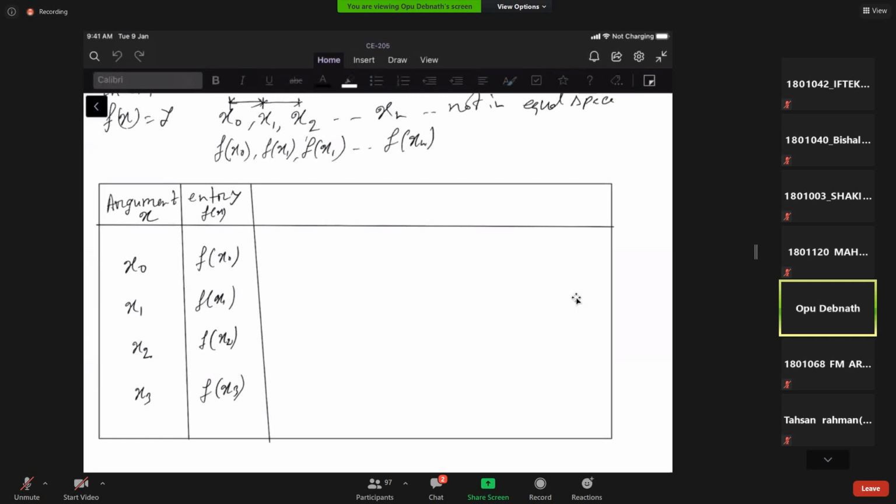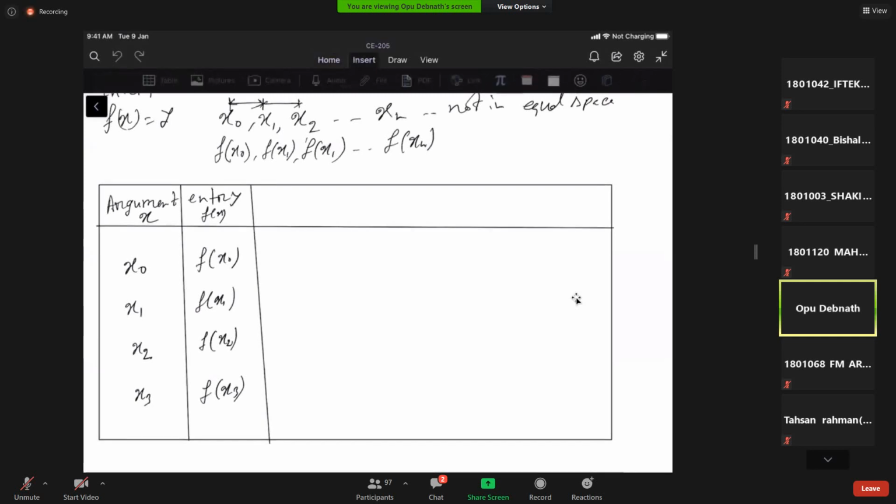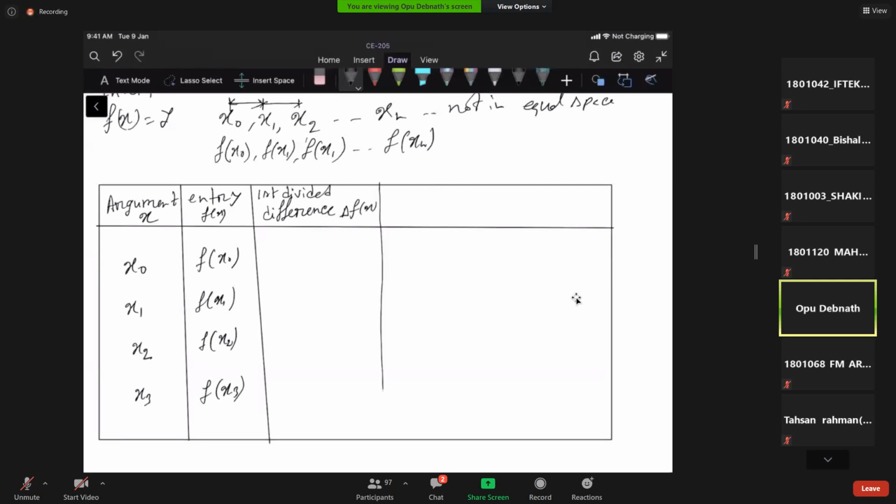What will be the first divided difference? We can denote the first divided difference as del f of x. From these two values, we will get a first divided difference.